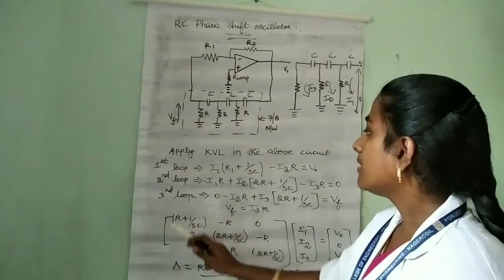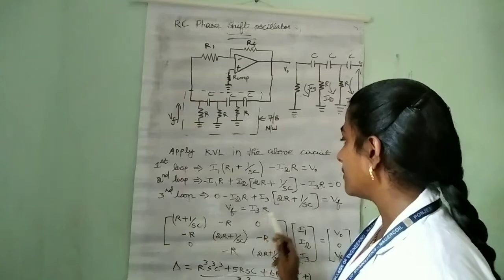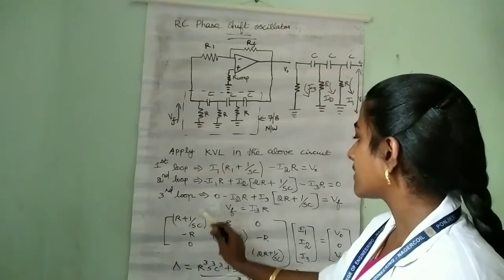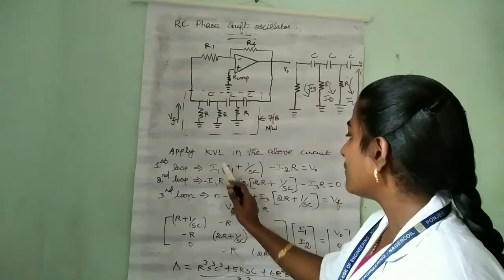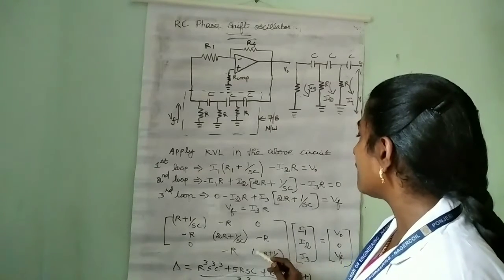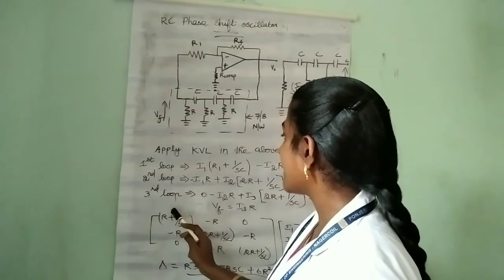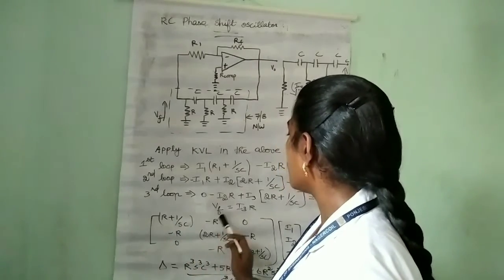Now put these 3 equations in matrix form. The first column is for the I1 values, the second column for the I2 values, the third column for the I3 values, with the first row being I1, I2, I3.